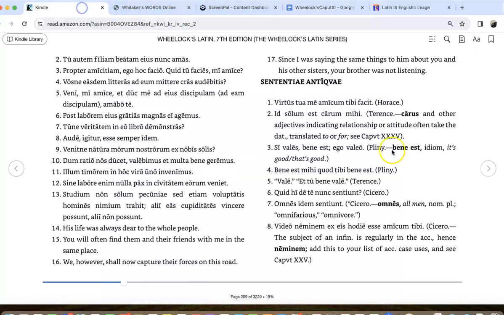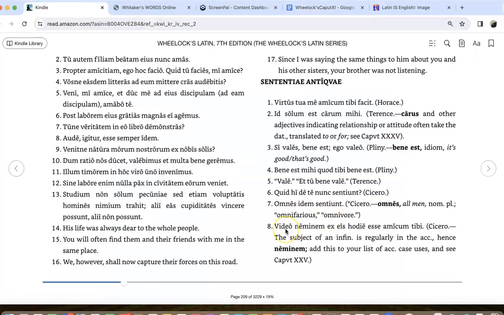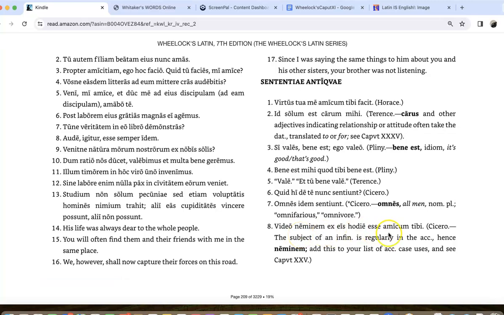Okay. Moving on to number 8. Video neminem ex eis hodie esse amicum tibi. So I see no one from those today to be a friend to you. Again, I'm doing a literal translation.